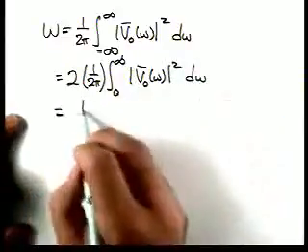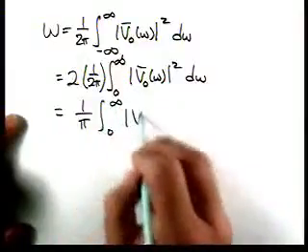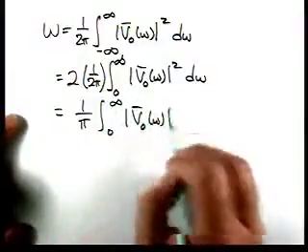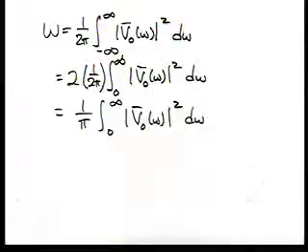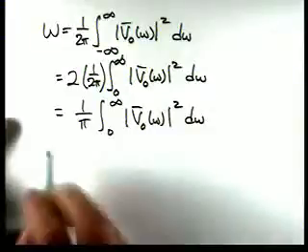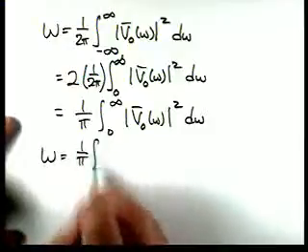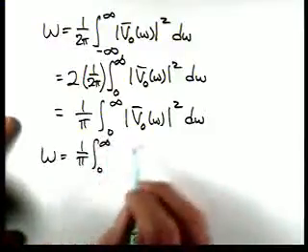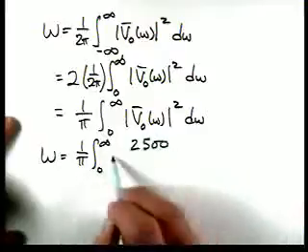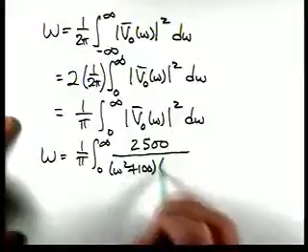So we'll have 1 over pi integral from 0 to infinity of the magnitude of V0 of omega squared d omega. We now have 1 over pi integral from 0 to infinity of 2500 over omega squared plus 100 times omega squared plus 4.